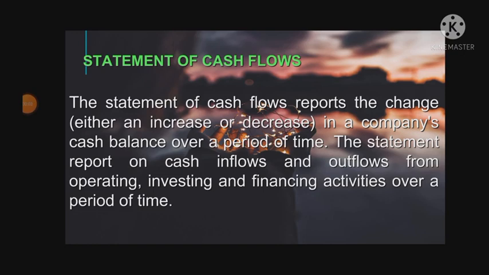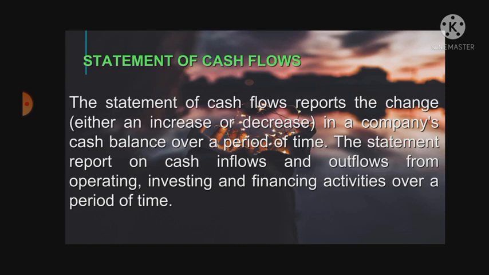Statement of cash flows. The statement of cash flows reports the change, either an increase or decrease, in a company's cash balance over a period of time. The statement reports on cash inflows and outflows from operating, investing, and financing activities over a period of time. So, a statement of cash flows is a component of financial statements summarizing the operating, the investing, and the financing activities of an entity.